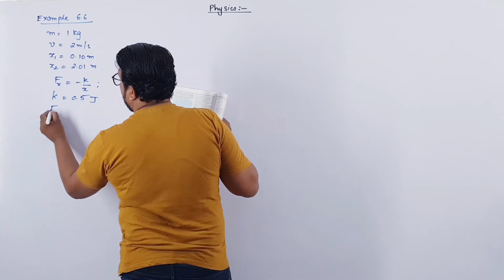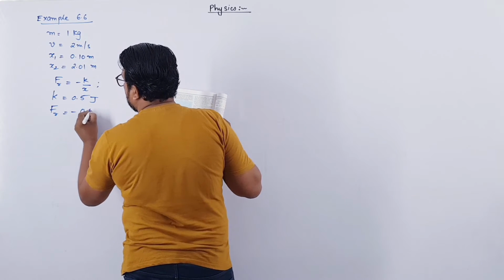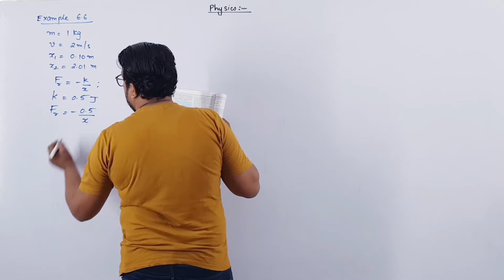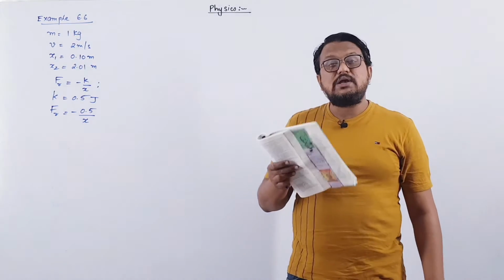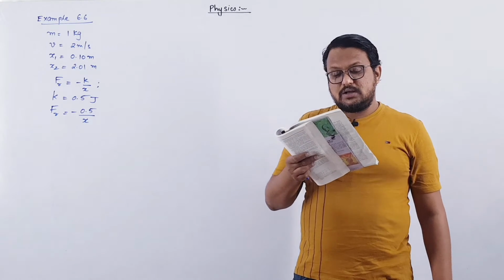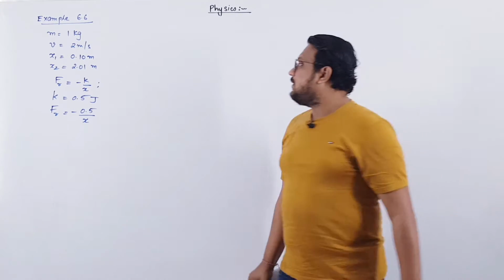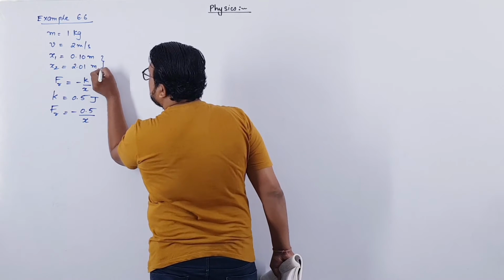So F of R is minus 0.5 by x, and this force is acting only for the distance between 0.1 and 2.01.